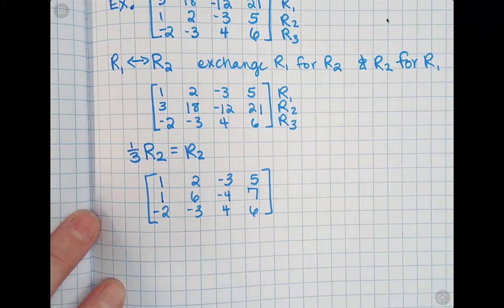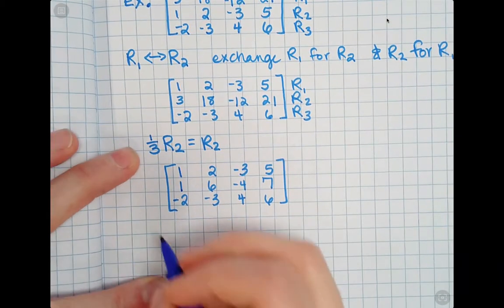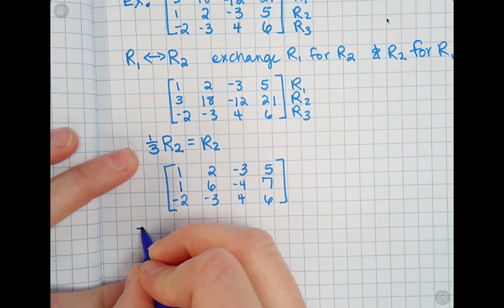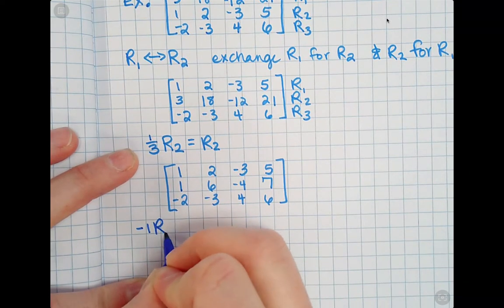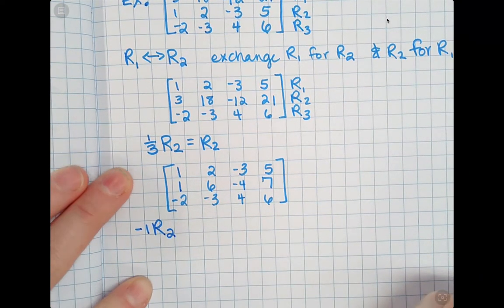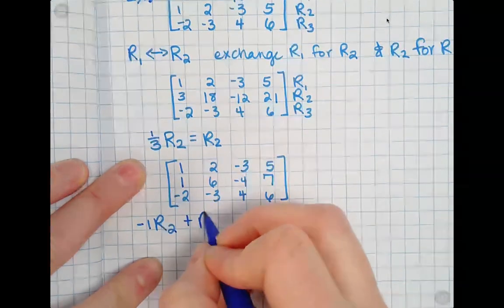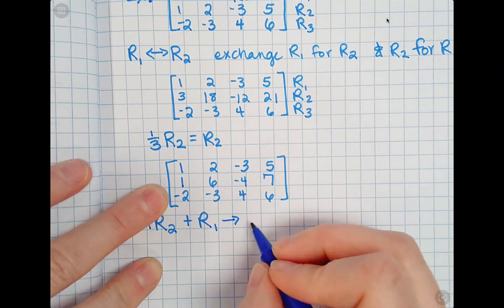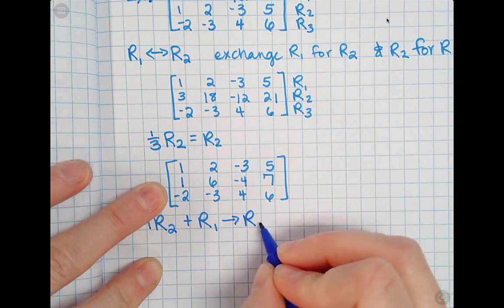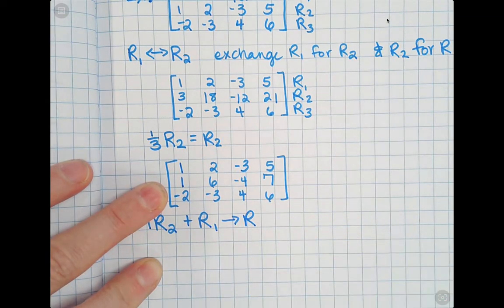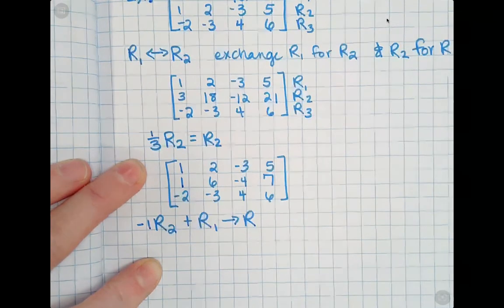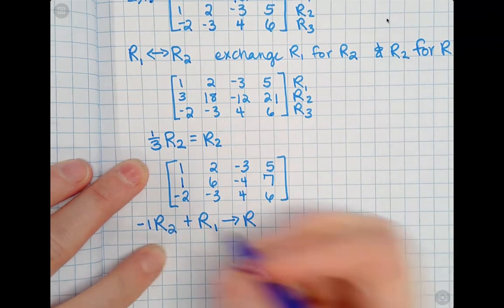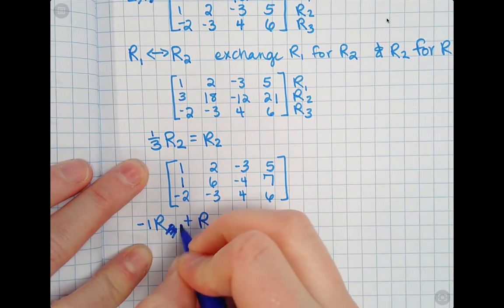Okay, another operation that we could do is we could multiply negative 1 times row 2 and then add it to row 1 to get our new row 2. Or no, I think it's usually mixed up. Let's do it like this.